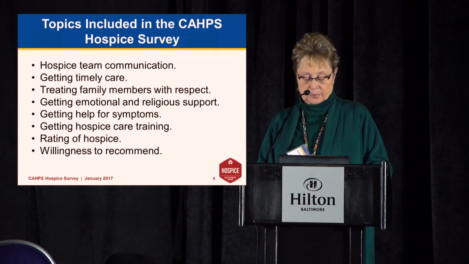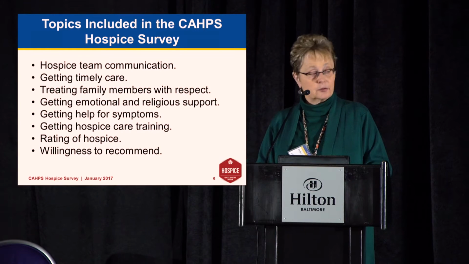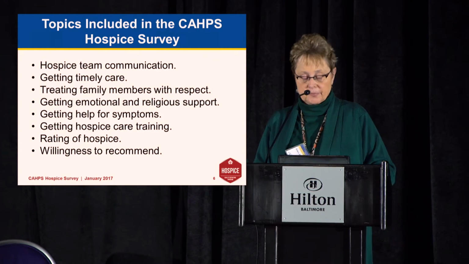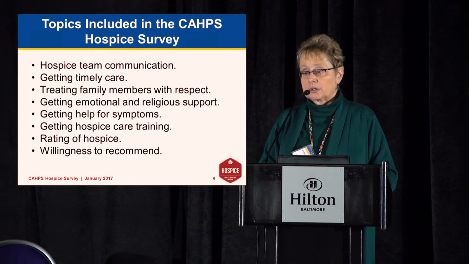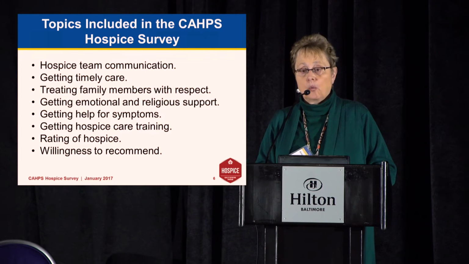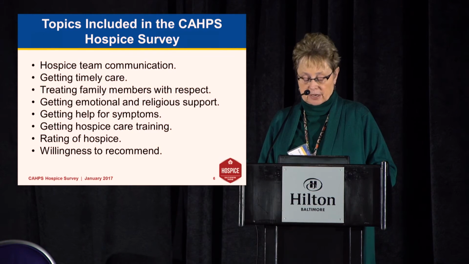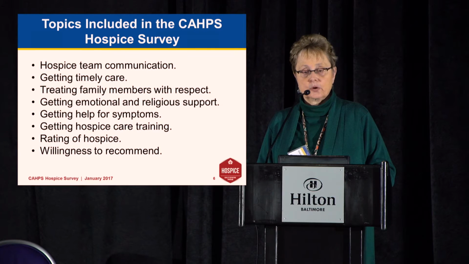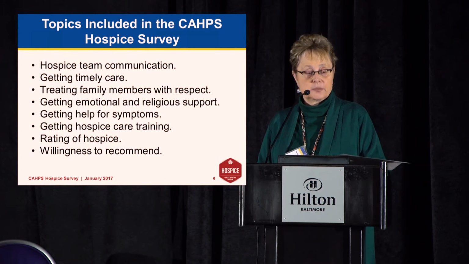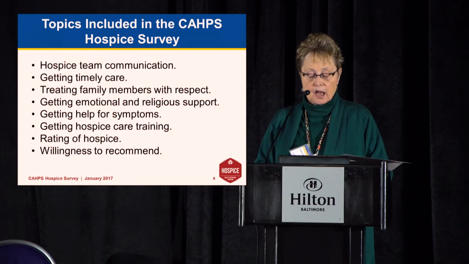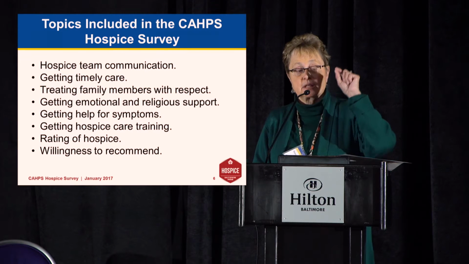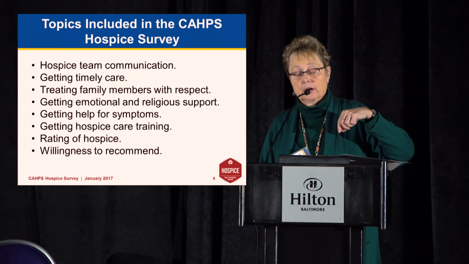Let me give an example. The first measure there, the first topic, if you will, is hospice team communications. That is actually composed of 6 different questions on the survey. One of those questions asks about how well the caregiver could understand the explanations that the hospice team provided. Another question asks about how well the hospice staff listens, in the opinion of the caregiver.